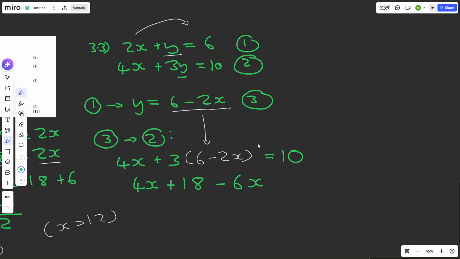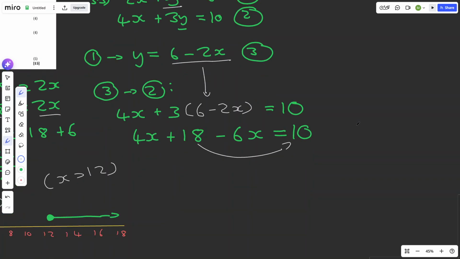Let's just write it like that. And then, since our x terms are together, we can simplify. We'll just take the 18 and transpose it to the other side. Now we're going to add up these like terms, so it's going to be minus 2x equals 10 minus 18, which is equal to minus 8.